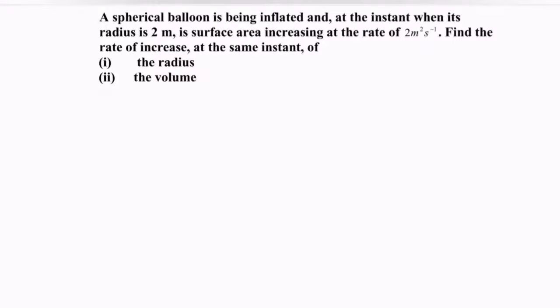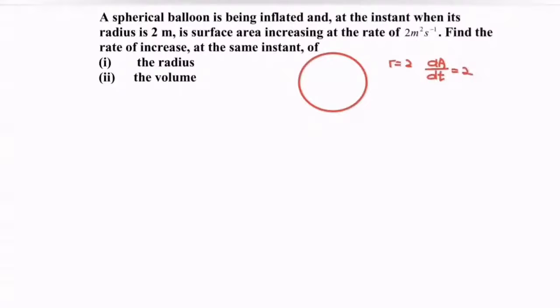So in here we have a circle, which is a spherical balloon being inflated, with the radius r equals to 2 and the surface area increasing at the rate of 2 meters squared per second. Meaning that dA/dt is equal to 2. Find the rate of increase at the instant of the radius.